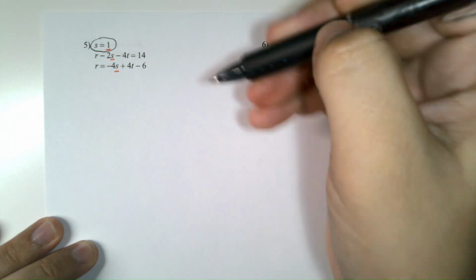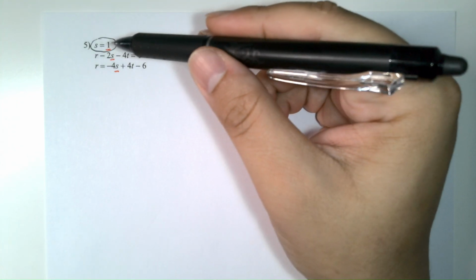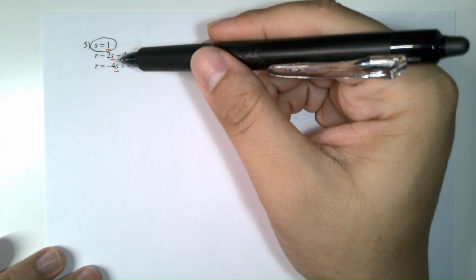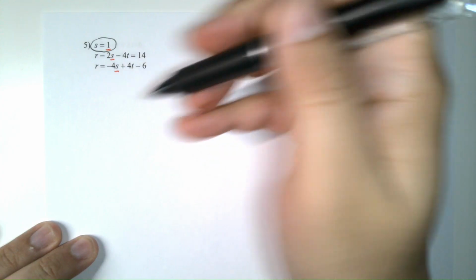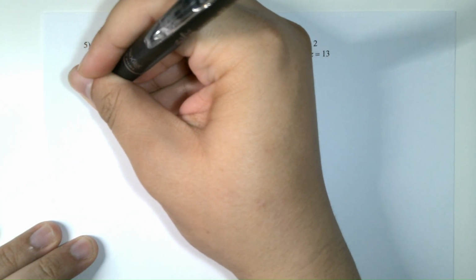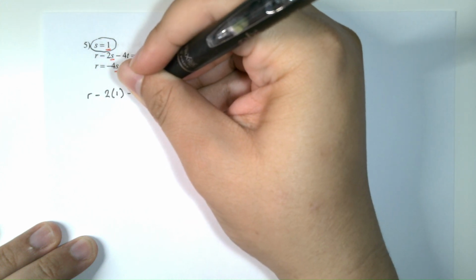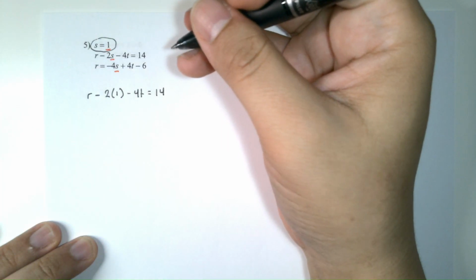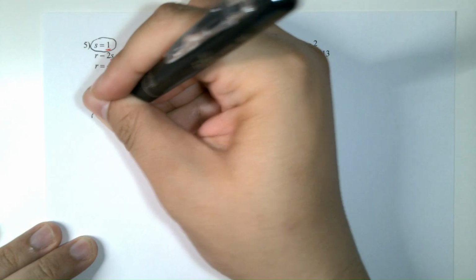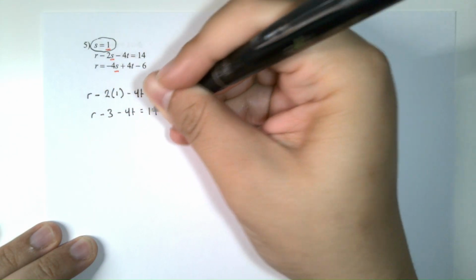Now this is unlike the other two that we had, because now we have to substitute this into the other two equations. So if I take s is equal to 1, and start with the first equation, I have r minus 2 times 1 minus 4t is equal to 14. That tells us that we have r minus 3 minus 4t is equal to 14.